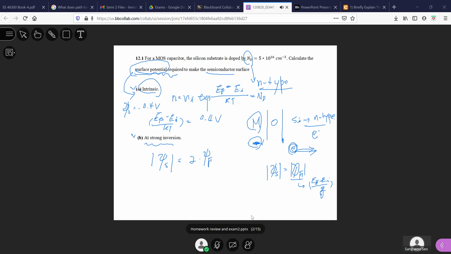So that follows this condition. And again, for the final answer, this one is negative 2 times this value, right? So this one is negative 0.8 volt. We need to apply this to create a strong inversion. Okay? So that is the first question in here.